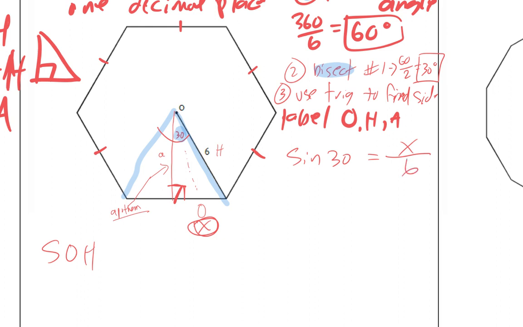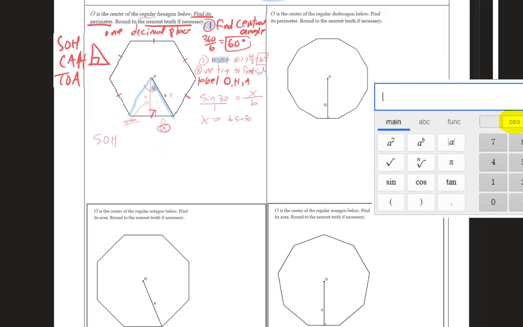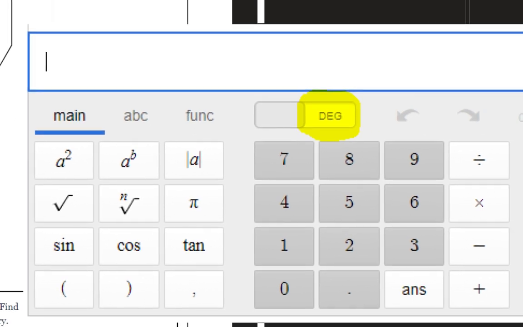Now, if you remember, we just cross multiply. Put that over 1. 1 times x gives us x equals 6 times the sine of 30. The 6 goes in front. Here's the critical thing: we have to make sure we put the calculator into degree mode.